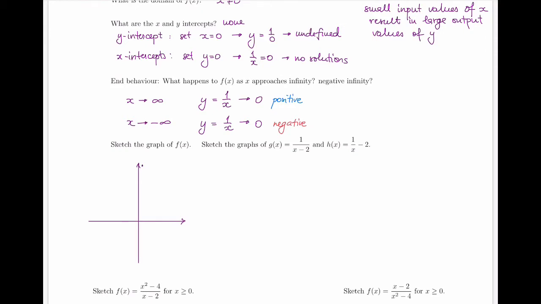And if I have large values of x, the result is small numbers of y, so somewhere there. Now I know that 1 over 1, for example, is of course just 1, so I can put that point there. And this will result in the familiar shape of this function's one branch.